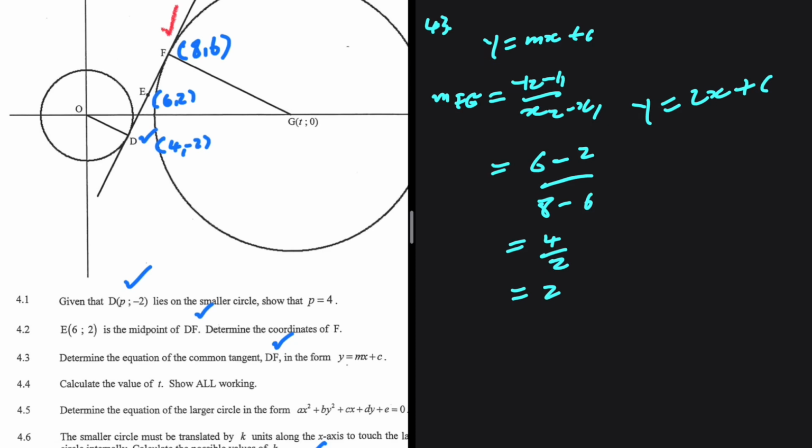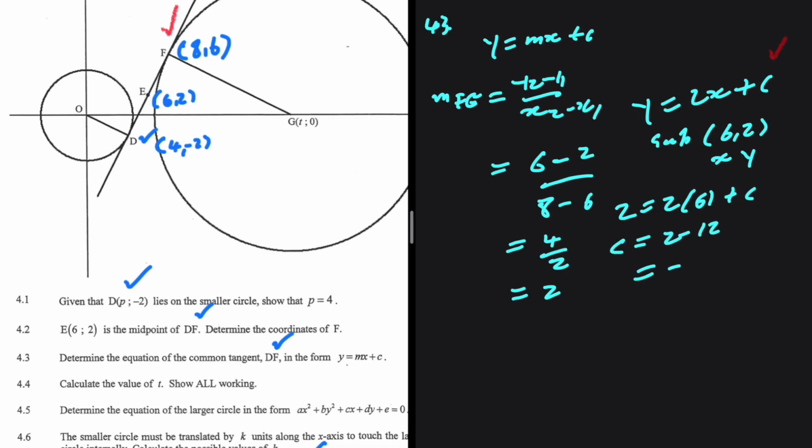Let's substitute our point E. If we substitute E with coordinates 6 and 2, we're trying to find the value of c. The coordinate of E gives us an x value and its corresponding y value. So we have 2 equal to 2 multiplied by 6 plus c. It is easy to see that c is equal to 2 minus 12, which is minus 10.